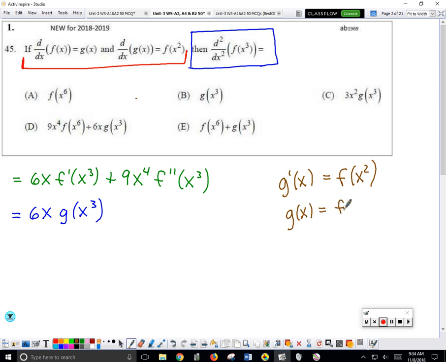So that means that f double prime is g prime. They're testing to see, are you someone who knows what equal means? Are you someone who just thinks equal is a fancy arrow? Equal means these are the same.